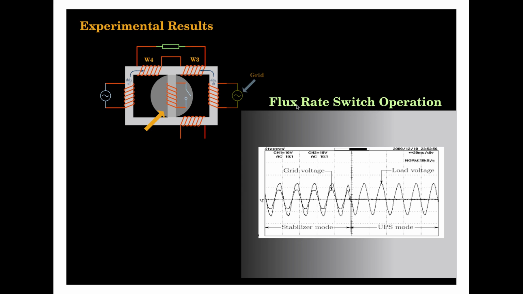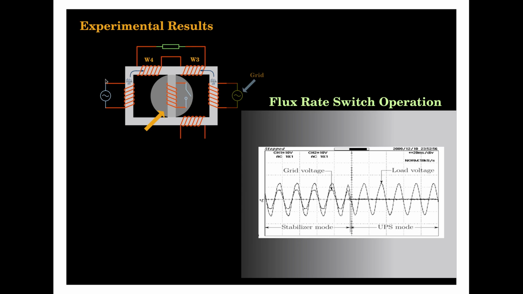Operation of the flux rate switch. So let us say up to this point you had the grid voltage, then this was the voltage the series compensator was making up for the difference to make the load sine. At this point, grid went off.